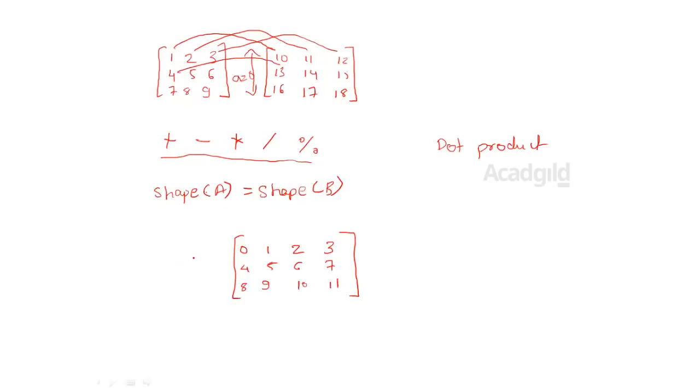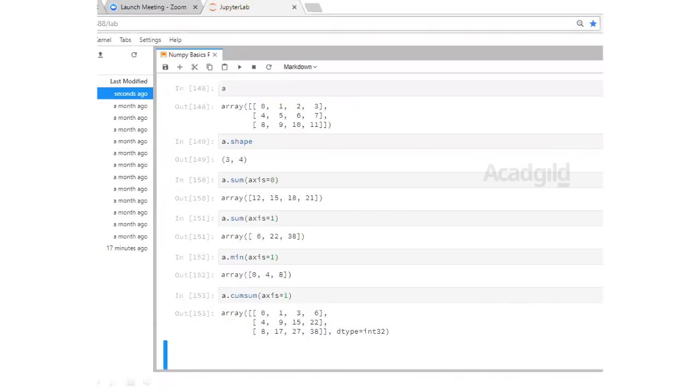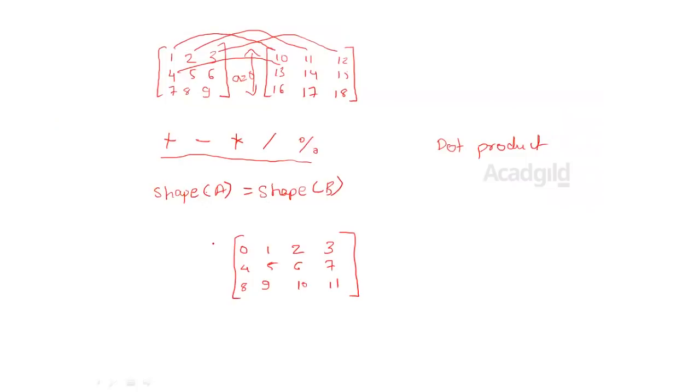In this case, when we're trying to do the sum over axis 0, it works like this. It's taking the sum from this point of view. We know this is the first dimension for us. When we do the shape, we get this as the first dimension and this as the second dimension. So when we do axis 0, we are getting it in this direction. And when we do axis 1, the operations will be performed in this direction.